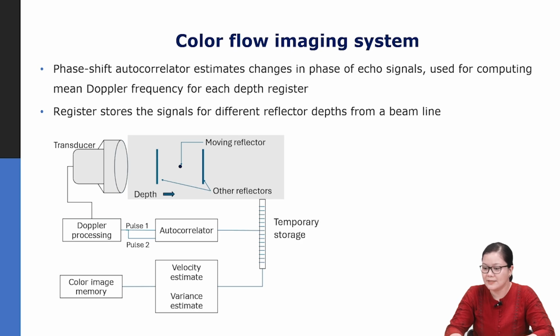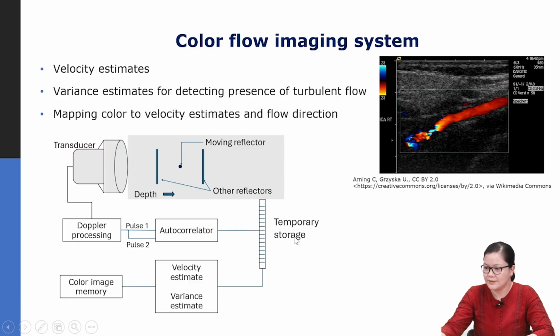Then the signals get saved into a temporary storage unit, and within that unit, you can map the velocities as well as the variance estimates for detecting the presence of turbulence in blood flow.